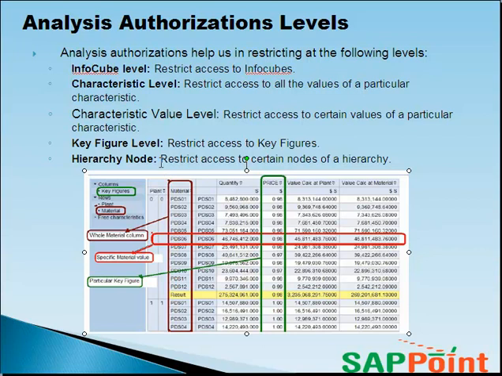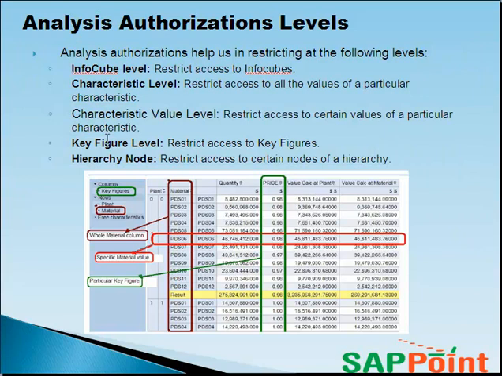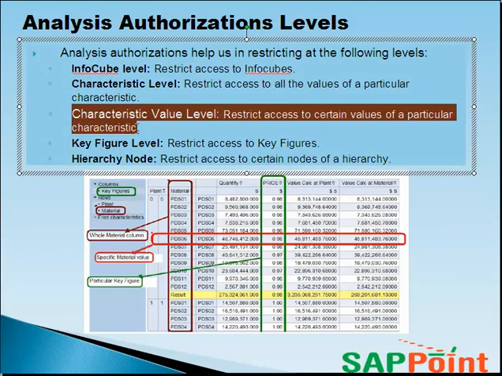So you can build security if a characteristic is an info object in BW. But what you cannot do in BW is build at a value level. So you cannot, in BW, build security around the value of a characteristic, whereas you can do that in BI. So this is one of the key differences between BW and BI security, that you can build security around a characteristic value level in BI.